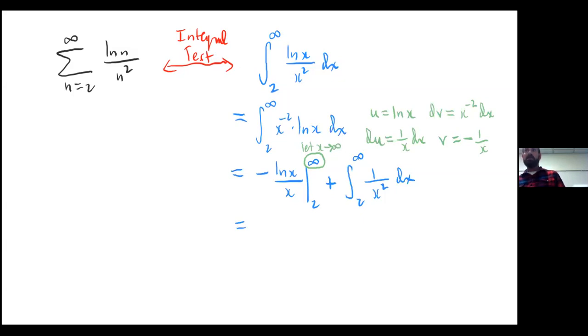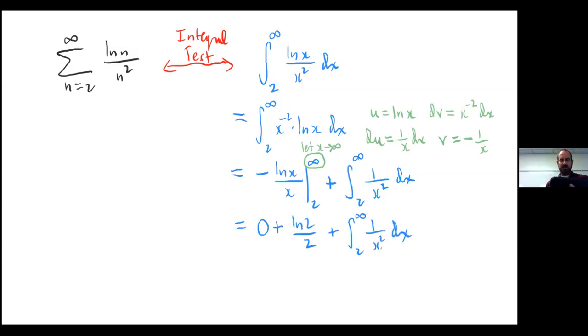So what's that limit going to be? It will be infinity over infinity, but we know that the logarithm is destroyed by the polynomial, yes? Therefore, that limit will be 0. So it will be 0 minus negative, which is plus logarithm of 2 over 2. And then I have this other integral, plus the integral from 2 to infinity of 1 over x squared dx.